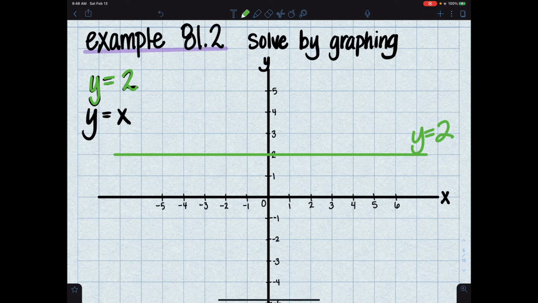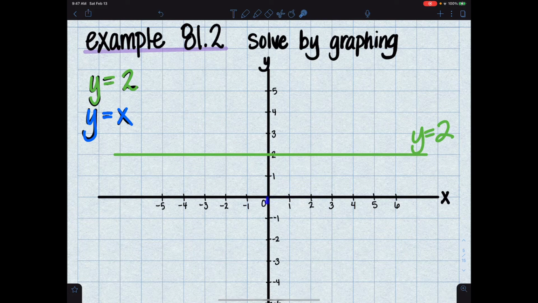Okay, let's do the next one. y equals x. What is that line going to look like? And let's do it in like this bright blue. So y equals x. So what that means is no matter what you pick for x, like let's say you pick 1, y is going to be 1. y is the copycat here. So if you pick 2 for x, y is going to be 2. What a copycat, huh?